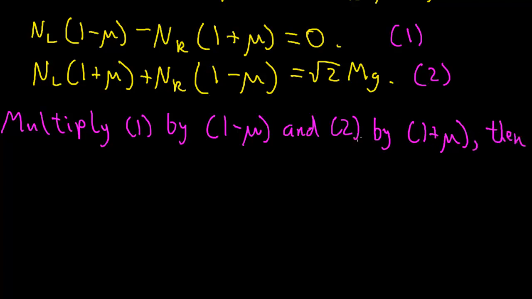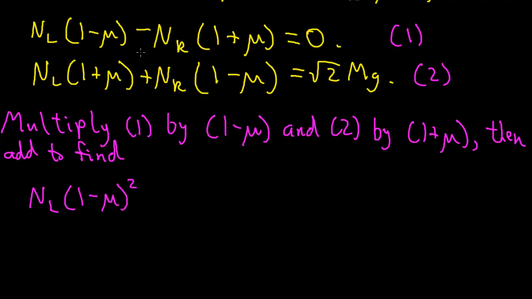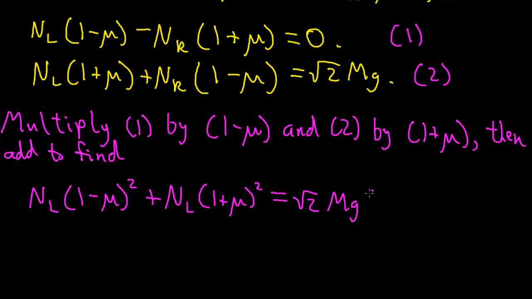Then when we add, we find, the top one gets an n sub l times, this has two factors of 1 minus mu we multiplied by, and then the bottom one has n sub l times 1 plus mu, but we multiplied that again by 1 plus mu, so we got two of those, and then that equals, we multiplied again the bottom equation by 1 plus mu, so here's the 1 plus mu.